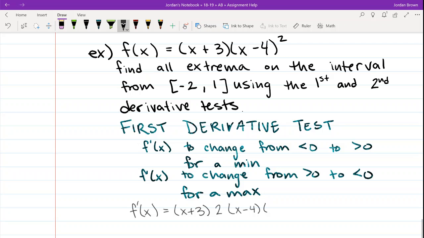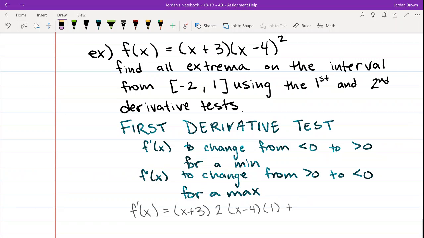Then I'm going to multiply by the derivative of the guts. The derivative of x minus 4 is just 1. Then I'm going to add the second.